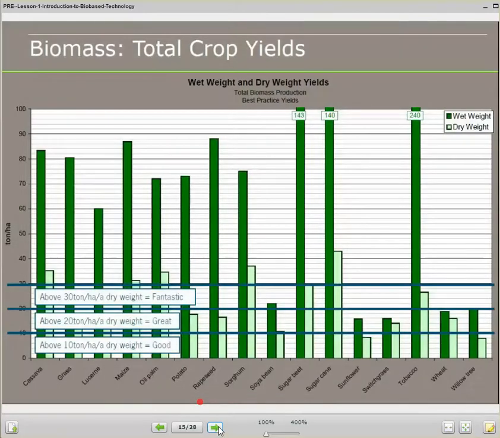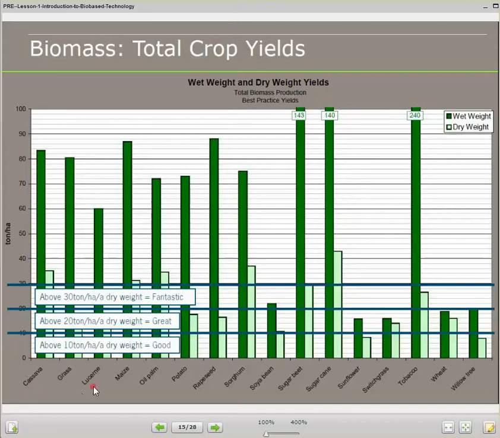So what we need to look at when considering different biomasses for conversion is that we have a whole bunch of different types, and this is partially what you will be doing. You have cassava, which is a tuber, originally from Africa, but also used a lot in South America.